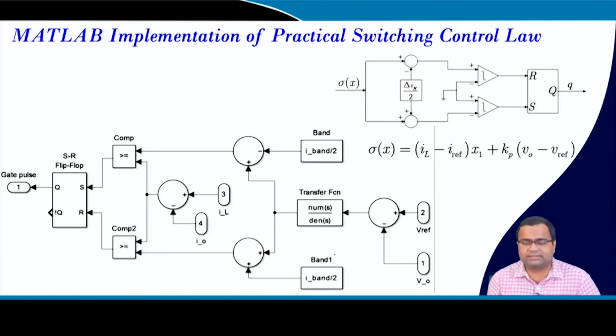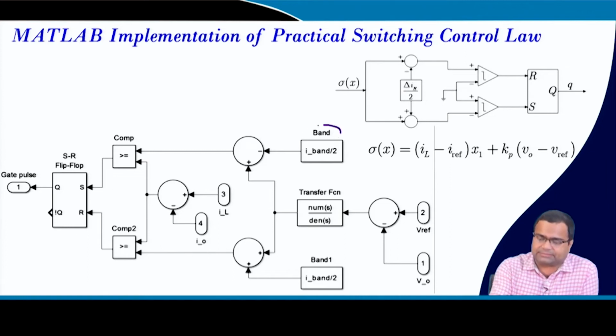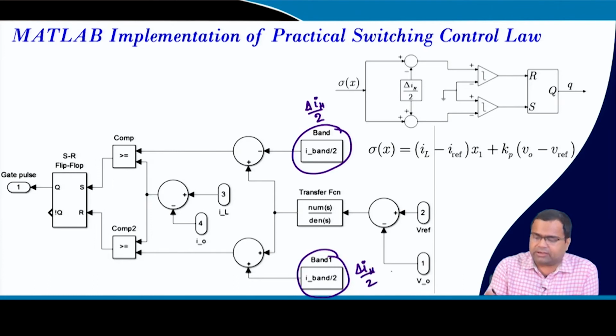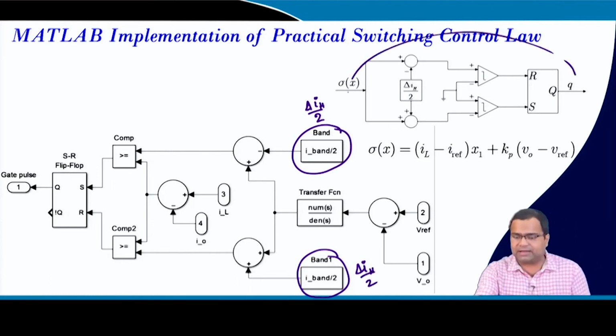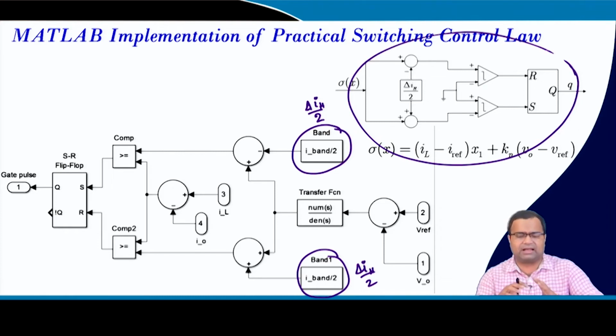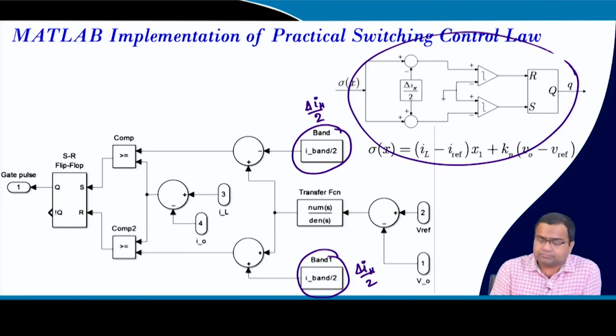So, if we go to the next, what I am doing, here I am using a different implementation. So, here you can say this band which is my delta IH by 2, the same band delta IH by 2, delta IH. You can implement the way here I have explained, no problem, but I have implemented in a different way. So, I can change this way and do it whatever it is there.